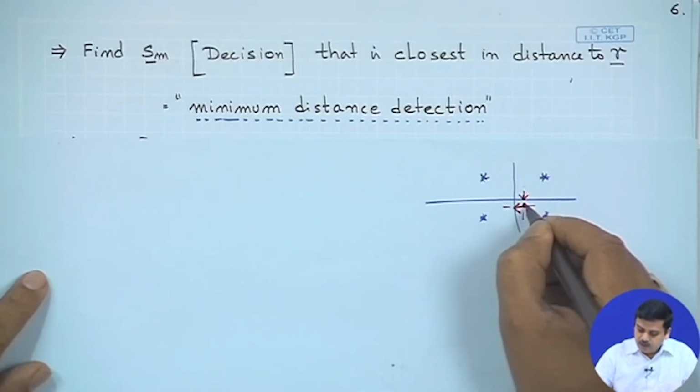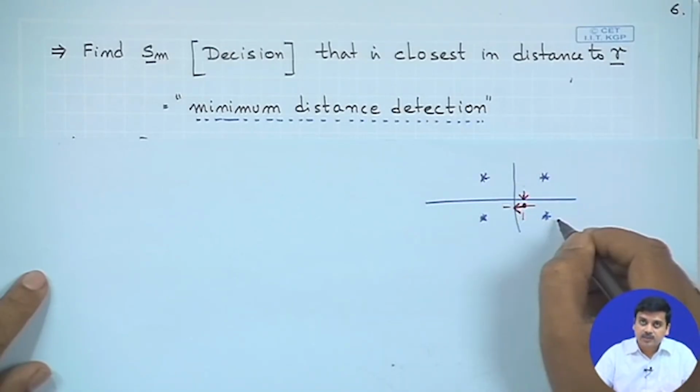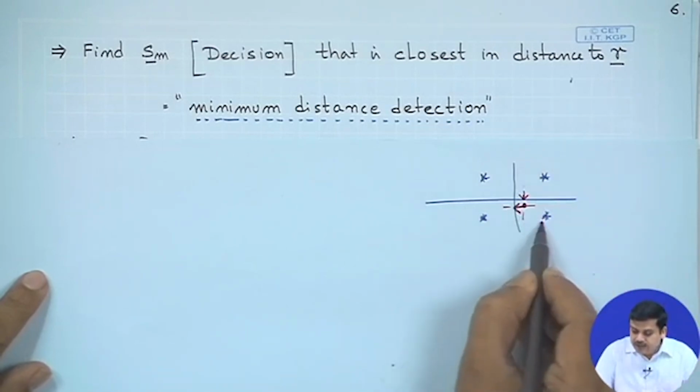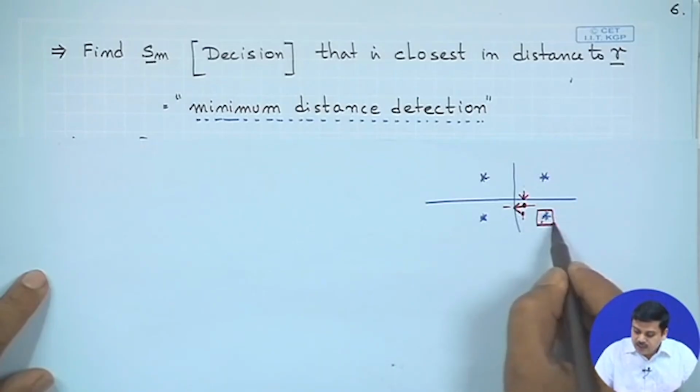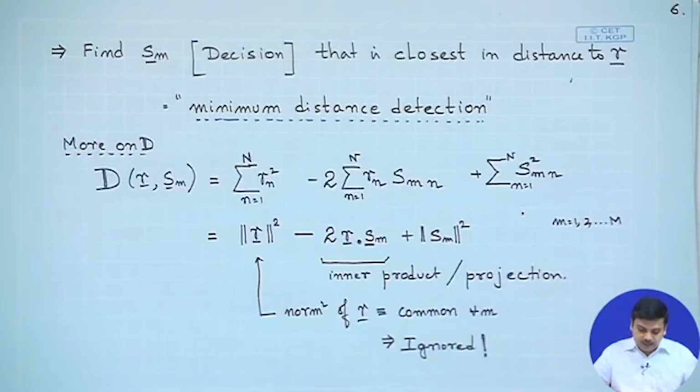Now you have to find which of these points is closest to this. Clearly, in this particular case we find that this constellation point is closest to this, and hence we would choose this as our possible transmitted signal. So, that is what it means.